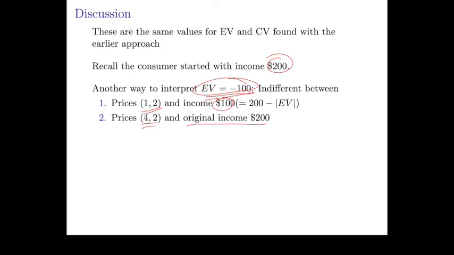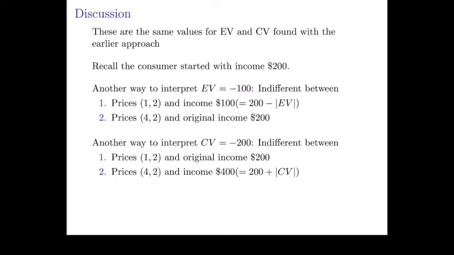So the consumer is indifferent between these two things. And the interpretation of the compensating variation is that the consumer is indifferent between the original prices and the original income, or the new prices and the income plus some compensation.